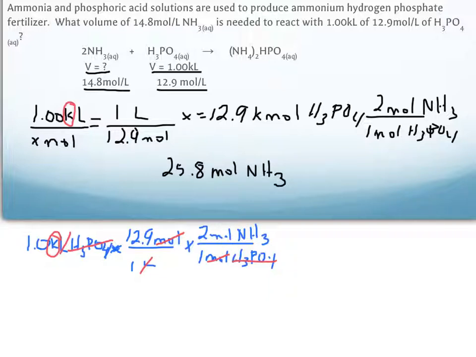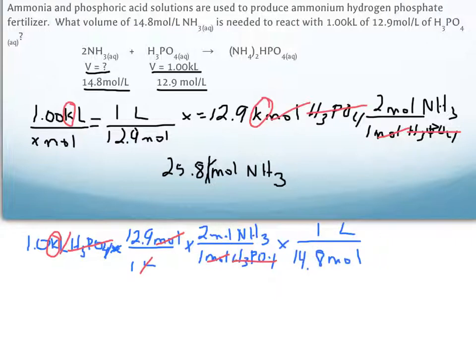However, what you do need to remember is that your moles and your moles of H3PO4 have canceled out, but your kilo didn't, which means that your kilo here needs to continue. I have to get my volume of ammonia. So on the bottom, if I want to get to volume of ammonia, that means I'm going to have to put liters on the top and moles of ammonia on the bottom, which means I have 14.8 moles in every 1 liter.